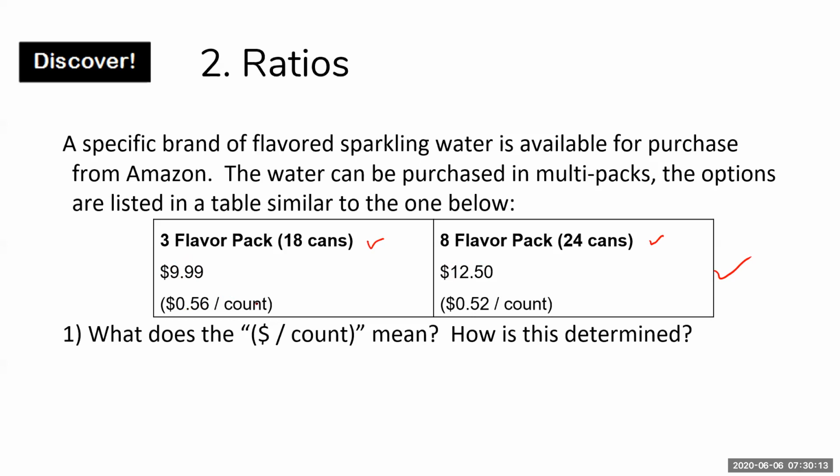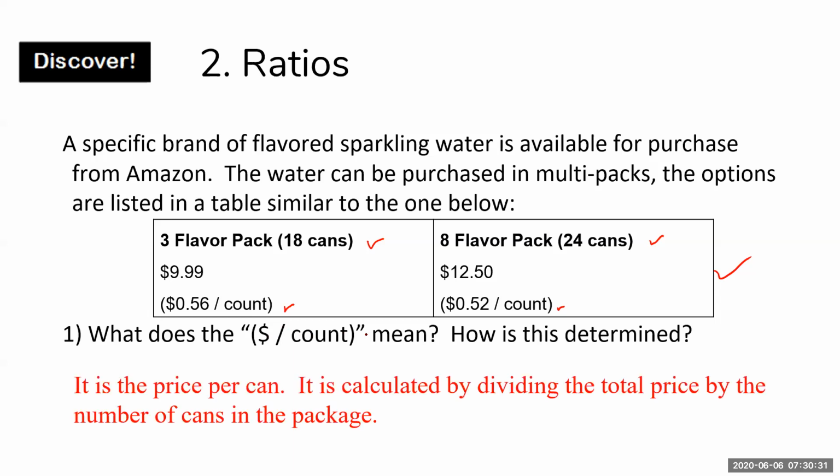Now, this means that it is 0.56 per count. All right, so this is the unit cost. And this is the unit cost for the 8 flavor pack. Now, we want to look at what does the dollar per count mean and how is this determined? The dollar per count is the price per can. And very soon we're going to realize that per is a ratio term.